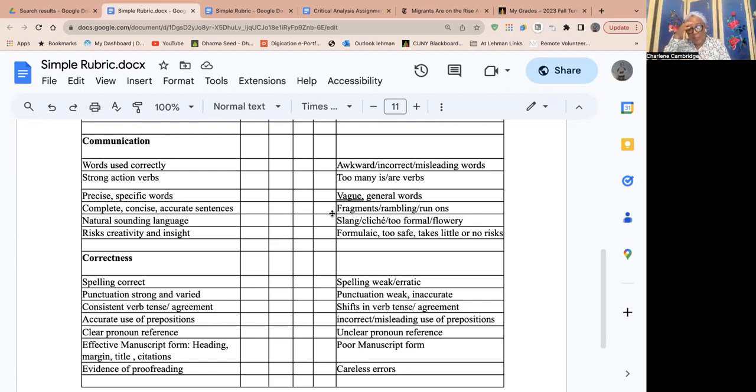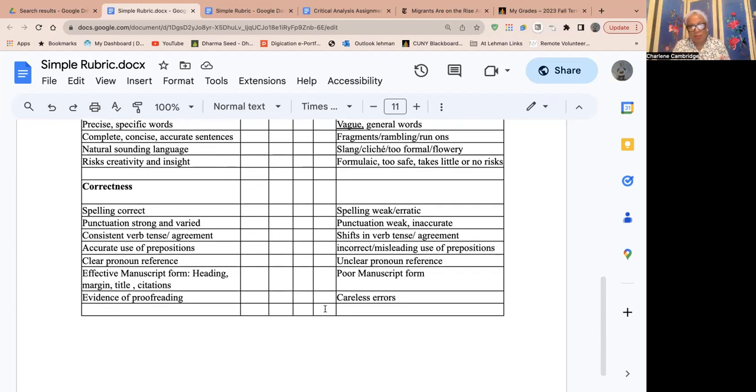Okay, so let's look at correctness. There is no excuse for incorrect spelling if you're writing on a computer. None. Okay. Spell check takes care of everything. In fact, you got to watch spell check because it will change a word.